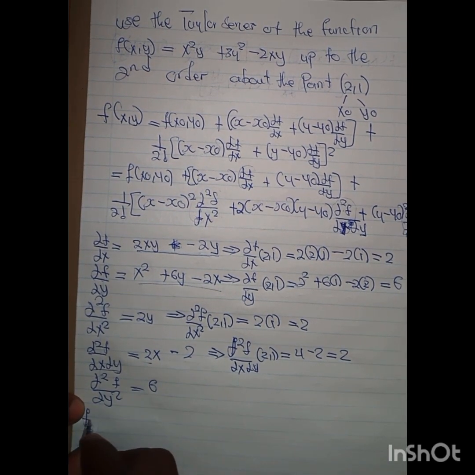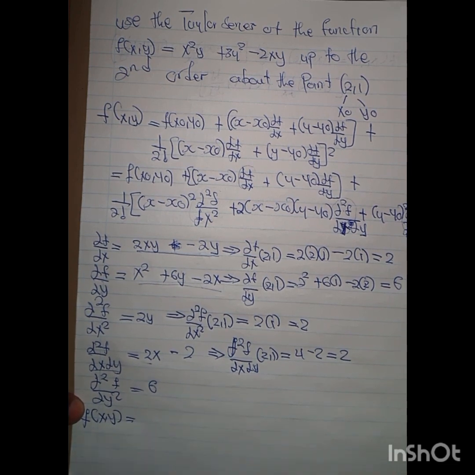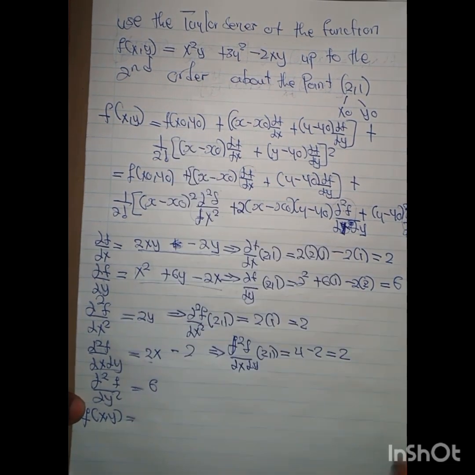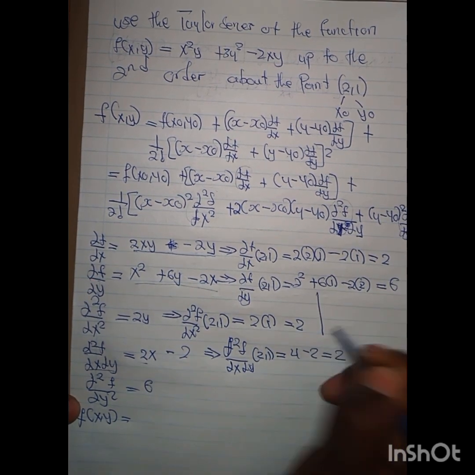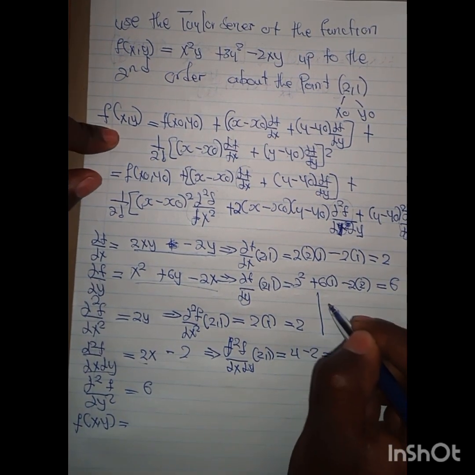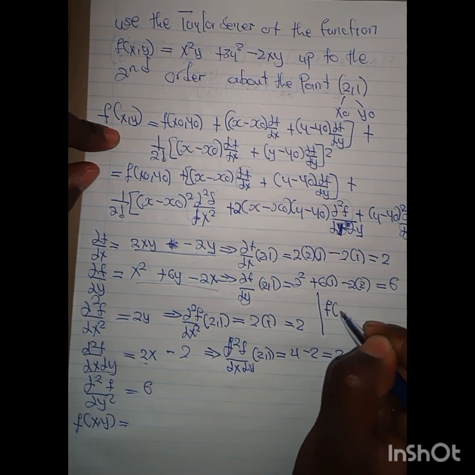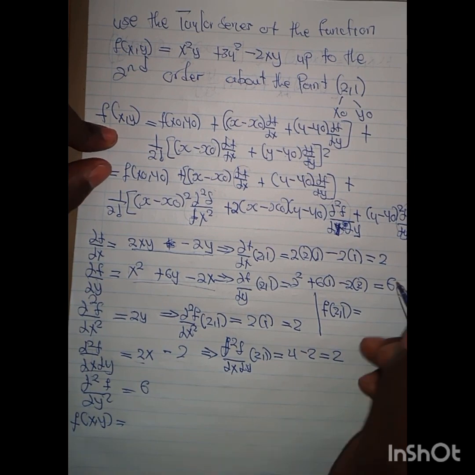Then when we're at this point, we are just going to substitute the values directly into the equation, this one. So it means now we have f of x, y given by f of x naught and y naught. This one is nothing but we substitute the original point into the original equation.